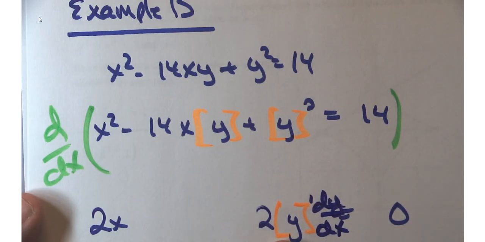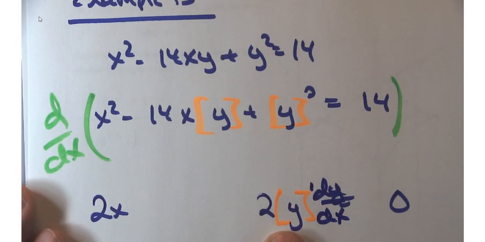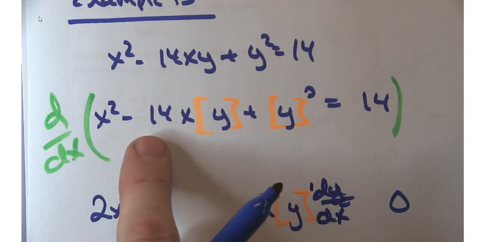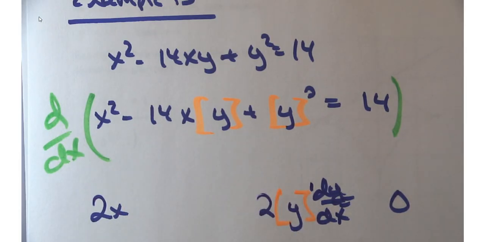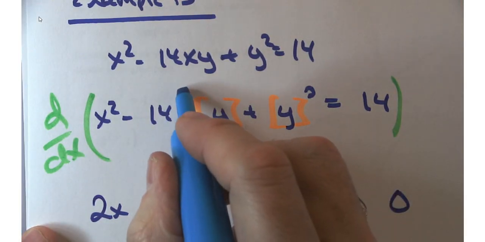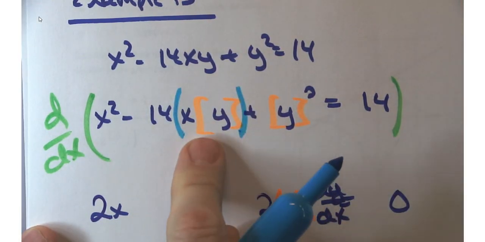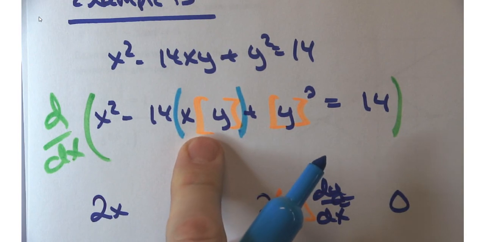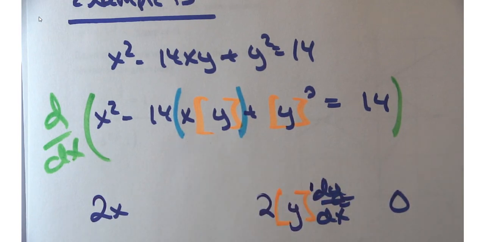It'd be 1 if I was differentiating with respect to y, but I'm not differentiating with respect to x. And this middle term, this one's kind of a pain. What rule am I going to have to use to differentiate x times y? The product rule, you're right.